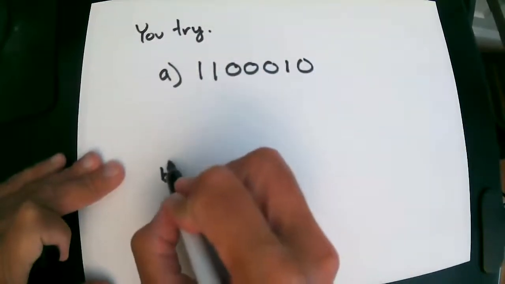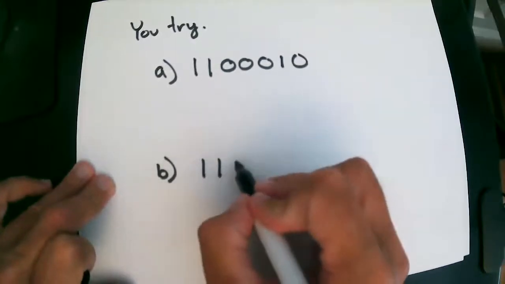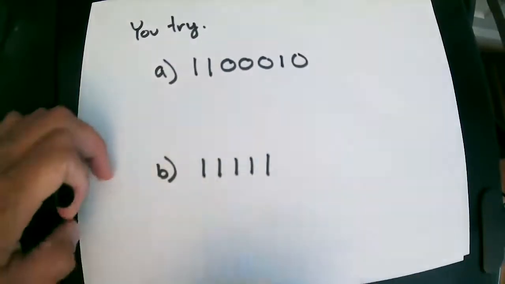And I'll do another one, and I'll just do, how about straight ones? 1, 2, 3, 4, 5 ones. And pause the video. Try working these out on a piece of scratch paper. And then in a few seconds, I'll do the work so you can check your answers. But again, don't just watch the end of this video. Actually pause the video, try it, see if you can do it by yourself before you watch the rest.